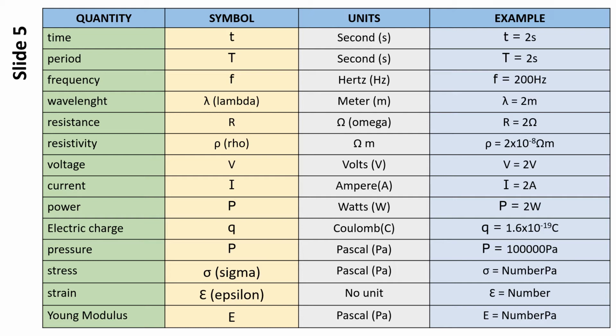And the elementary charge is 1.6 times 10 to the minus 19 coulombs. Pressure is represented by the letter P, the unit Pascal. Stress, sigma. Sigma here is the lowercase sigma. Uppercase sigma is a little bit different. Also the unit Pascal. Strain, epsilon, does not have a unit. Young modulus, uppercase E, the unit is Pascal.